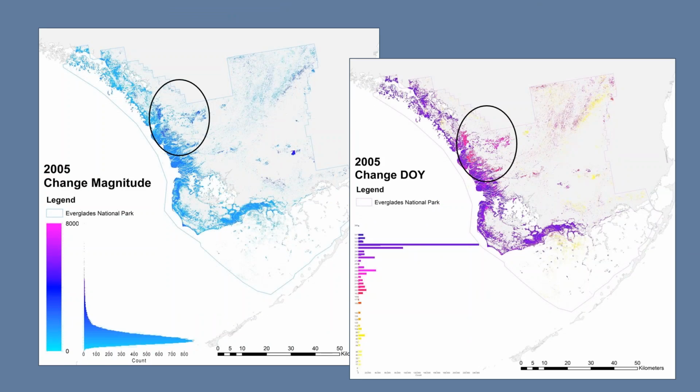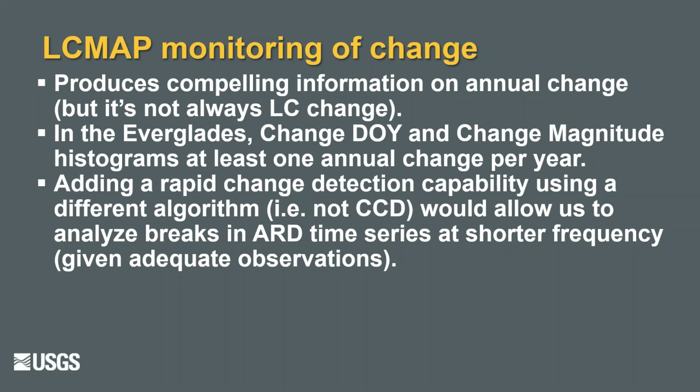I'll go past this example. In this case, LCMap change monitoring produces compelling information on annual land change, but it's not always land cover change. What we're finding in looking at our prototype data is that we see a lot more spectral change than land cover thematic change.